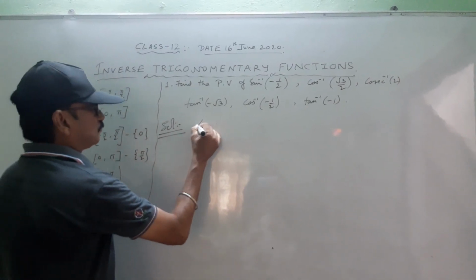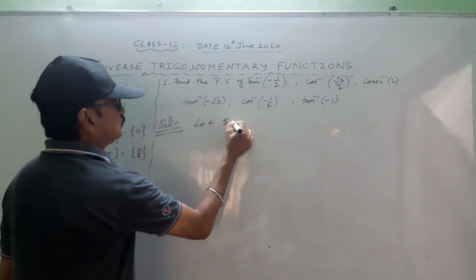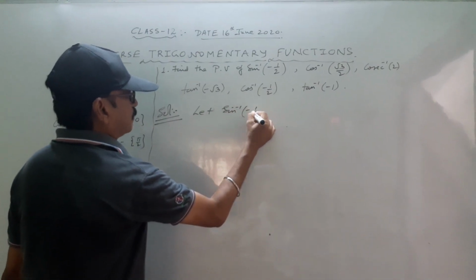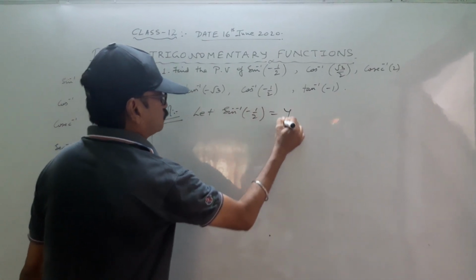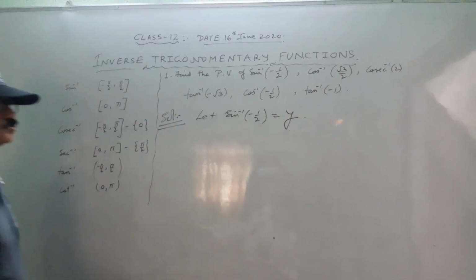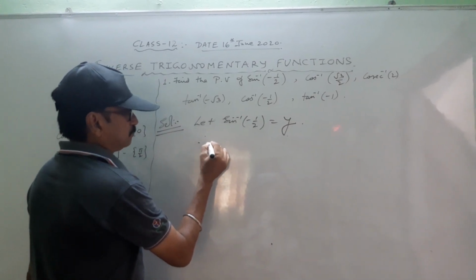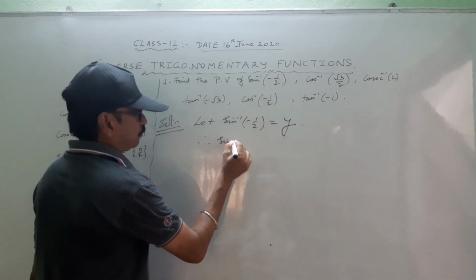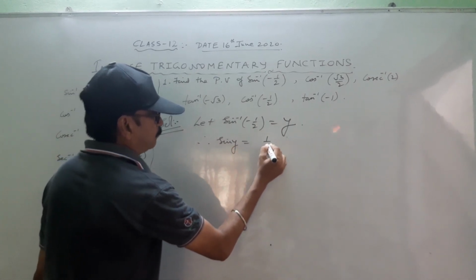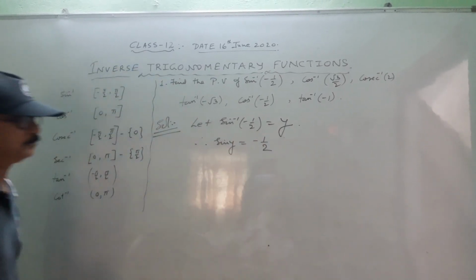So first, let sine inverse of minus 1 by 2 be equal to y. So what we get, sine y will be equal to minus 1 by 2.